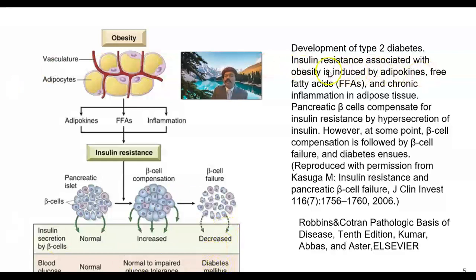So insulin resistance associated with obesity is induced by adipokines, free fatty acids, and chronic inflammation in adipose tissue. Pancreatic beta cells compensate for insulin resistance by hypersecretion of insulin like this. However, at some point, beta cell compensation is followed by beta cell failure like this, and diabetes ensues.